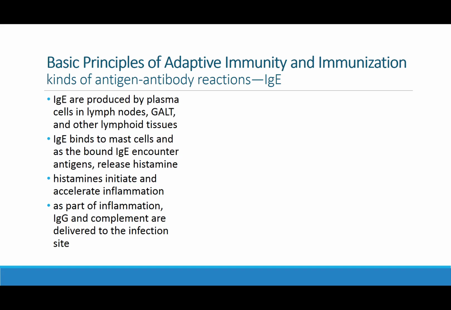Histamines initiate and accelerate the processes of inflammation. As part of all that inflammation, IgG and complement proteins are delivered into the infection site. As we bring in more blood, it brings in IgG and all the complement proteins, and that triggers all the effects we see associated with IgG and complement.